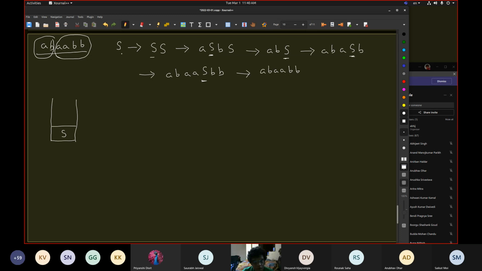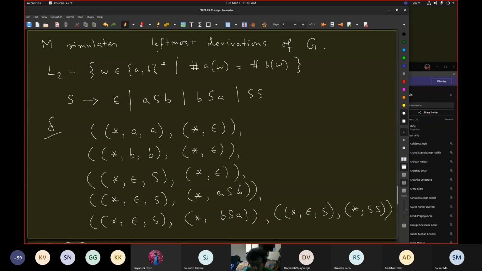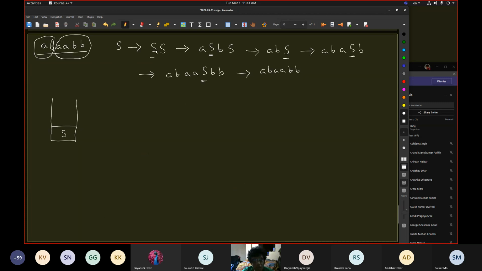In this derivation, I am replacing S by SS. And if you look at this table, this machine also has the option of replacing S by SS. And this is an epsilon transition. State anyway does not change, so we don't need to worry about this star. We'll never write it. But in the derivation, S changed to SS, so the machine can also do it.